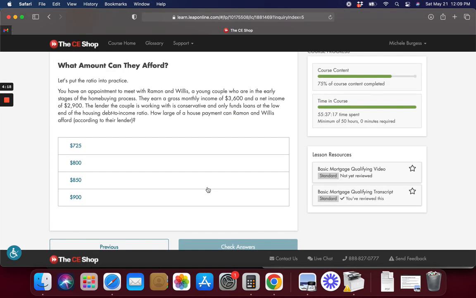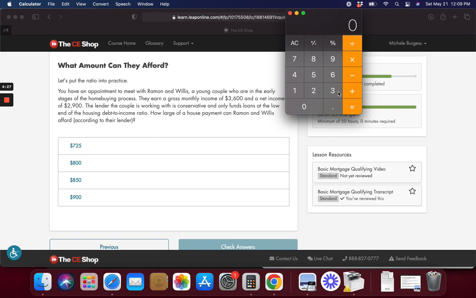What amount can they afford? Okay, let's see. They earn $3,600 and they have a net income of $2,900. The couple is working with a conservative lender and only funds the low end.